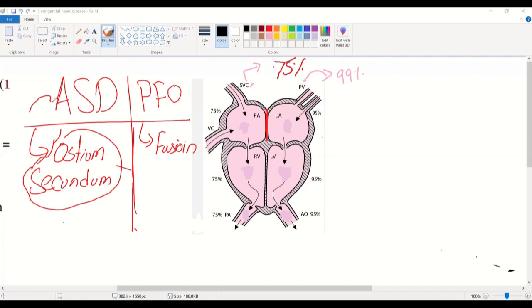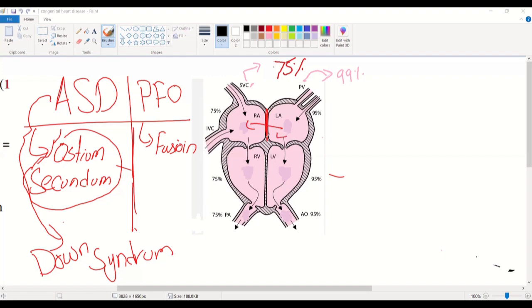This atrial septal defect is associated with Down syndrome. So what happens in the atrial septal defect? Which kind of shunt is it? It is a left to right shunt, present as an acyanotic lesion.